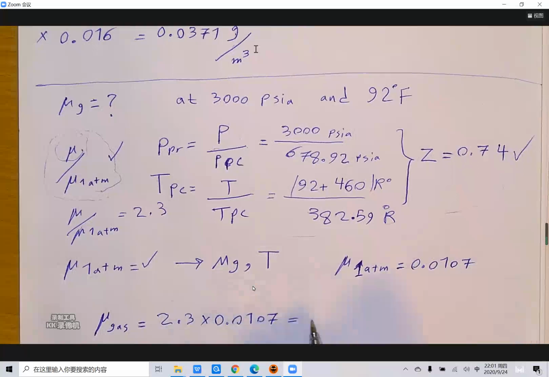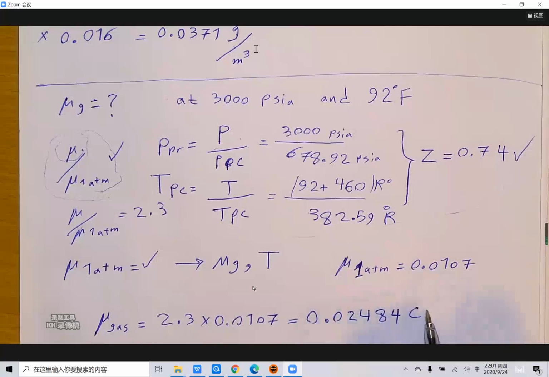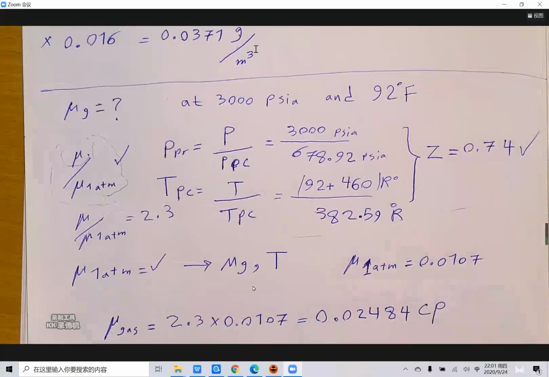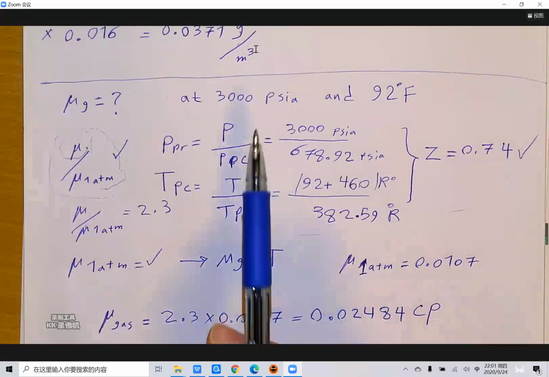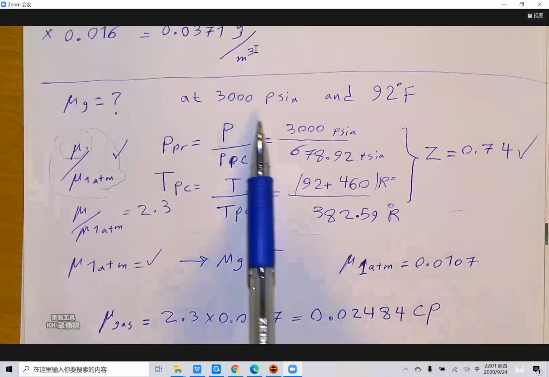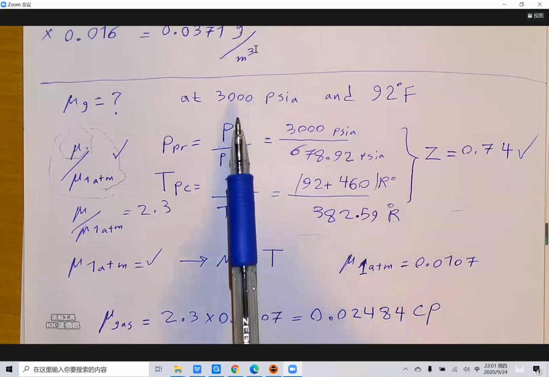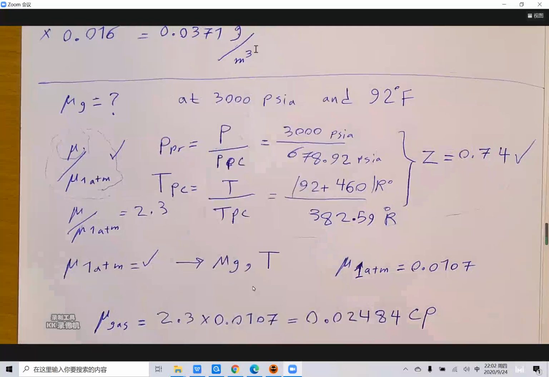This is the viscosity of the gas, in centipoise. So this viscosity is just for 3000 psi, and because we don't have enough time, I will leave it to you to find the viscosity at other pressure points.